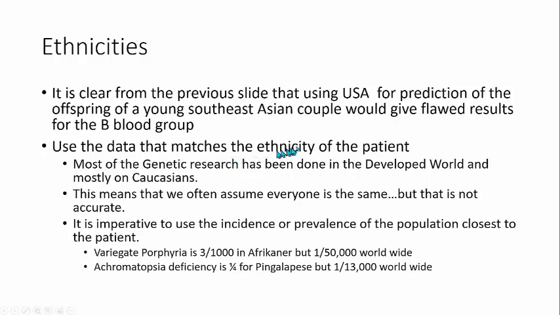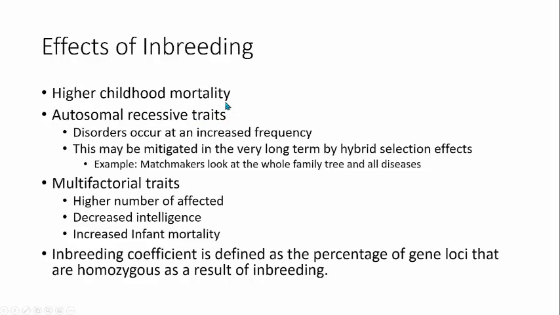If I have a young Southeast Asian couple, I would get flawed results if I'm comparing them to the whole U.S. population. The effect of inbreeding is extremely important to understand because it raises childhood mortality rates, because closely related individuals enrich for homozygous genes. This means that autosomal recessive traits can be enriched for in consanguineous relationships.